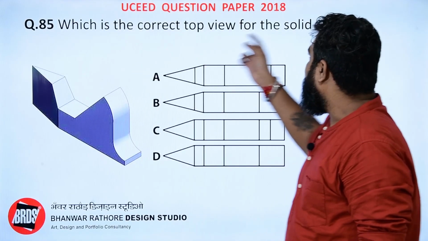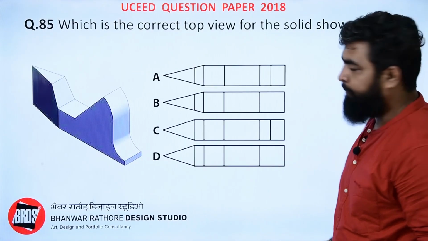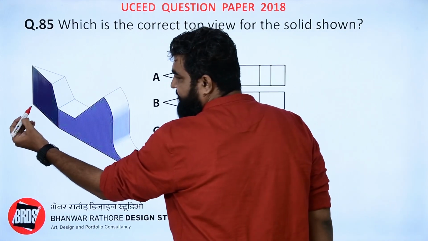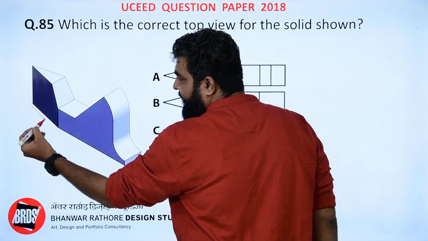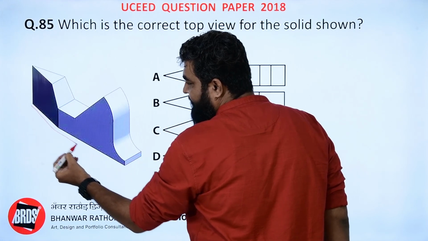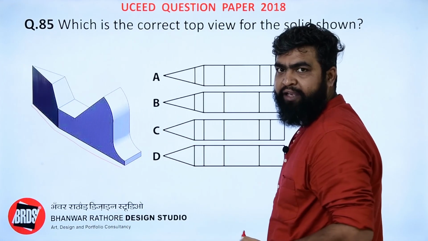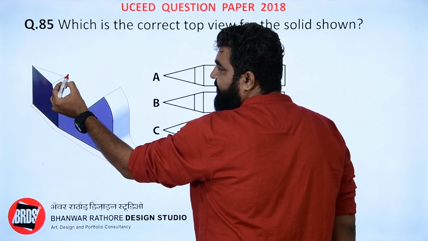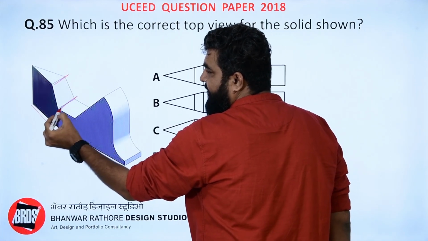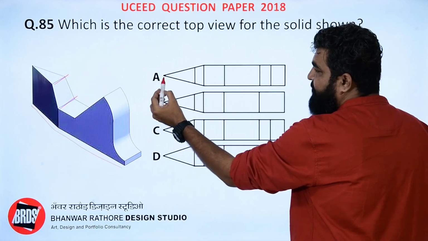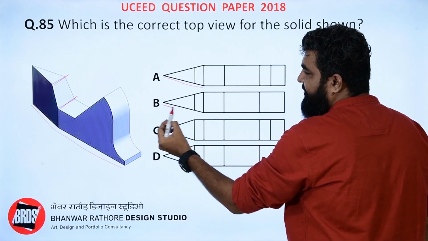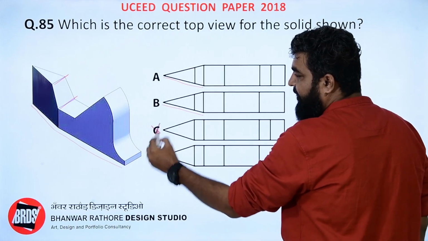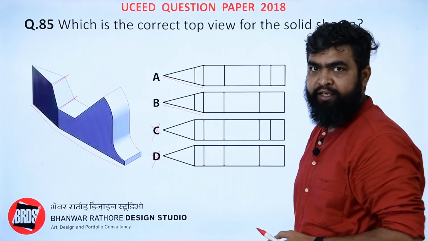Which is the correct top view for the solid shown? Now in this question, first of all you have to observe the bottom surface where we can see the angle on this side and then the straight line. Now based on that, if we see from top, we can see this point, then this line and then this line, which is there in option A as well as in option B, which is not there in C and D. So C and D options are eliminated.